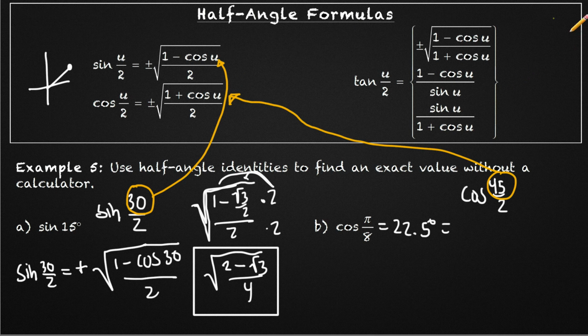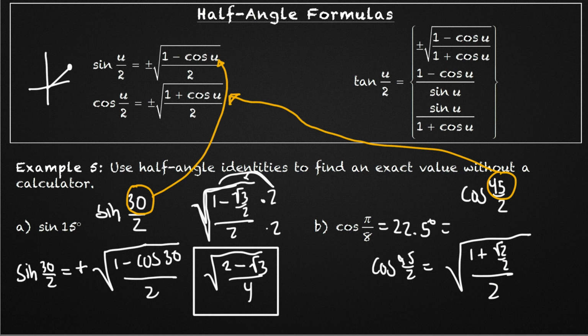All right, so we're going to go ahead and write cosine of 45 over 2 is equal to, once again, 22.5 is in the first quadrant. The cosine is positive in that quadrant. So you will say 1 plus cosine of 45, which I know is root 2 over 2, divided by 2.